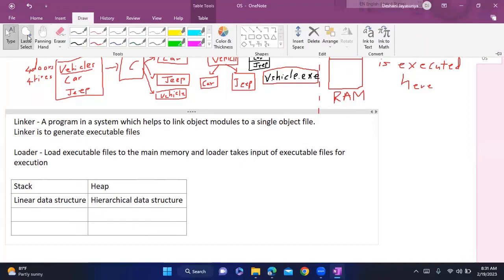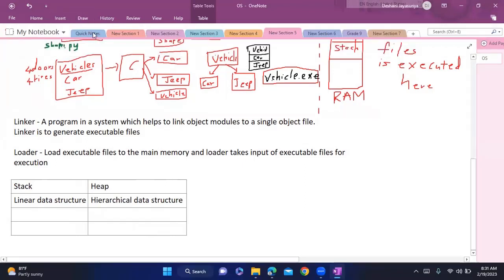I'll show. Like in here, there is one file, the top file, say the first one, is like this. All the executable files under this shape will be in a hierarchy like this.